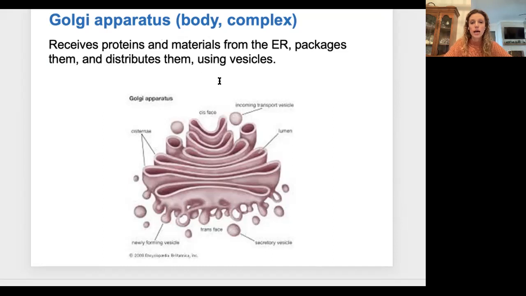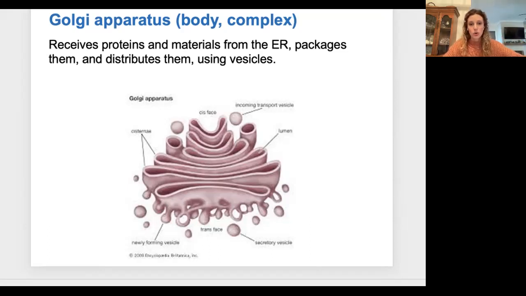The Golgi apparatus is kind of like the UPS, like the Amazon warehouse. The Golgi apparatus is going to receive proteins and materials from the ER, package them, and distribute them using vesicles. So let me flip my page.